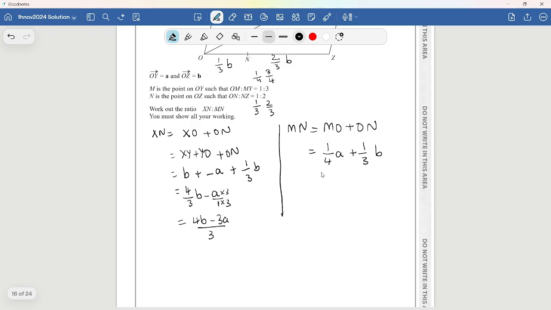So now I got the value of XN as (4b minus 3a) over 3. I can do similar manipulation for MN as well. Now the denominators are 4 and 3, so 4 times 3 is 12. The common denominator is 12. To make this 12, I have to multiply this by 3 and this by 4. So the numerator here is 3a plus 4b.